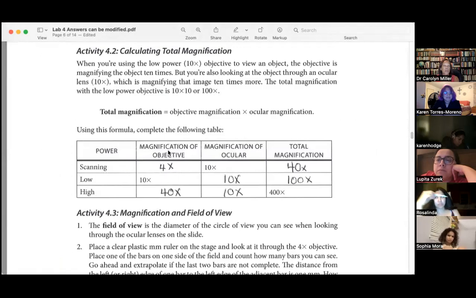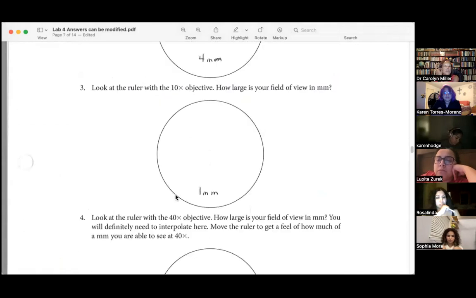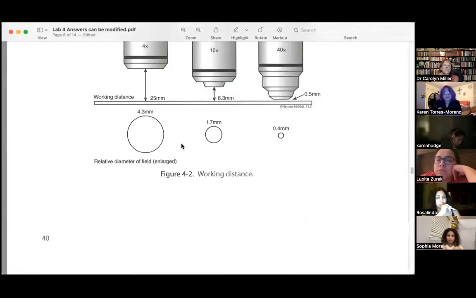The way we calculate magnification is the ocular, which is always 10, times the objective, either scanning, low power, or high power. And this is the working distance. I'll go through this again tomorrow. As magnification increases, working distance decreases. And I broke my share of slides, especially with a doctorate in micro.